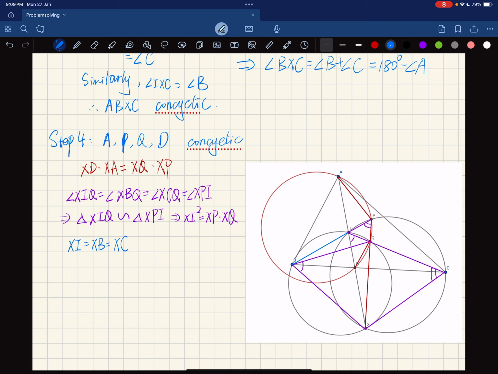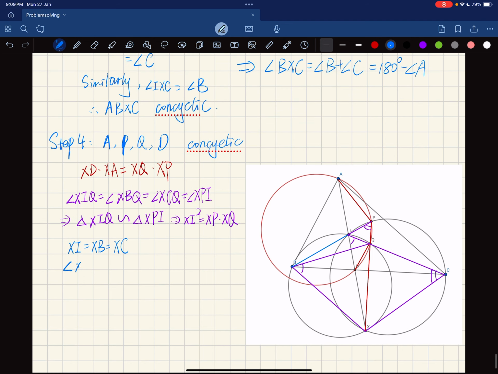So where's the angle? Here it is. Angle XBD here equals angle XAC, which equals angle XAB. So it shows that triangle XBD is similar to triangle XAB.